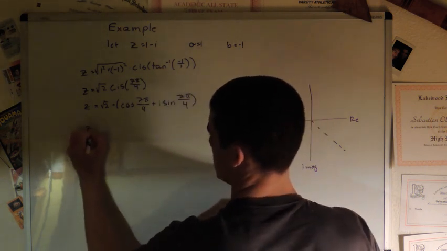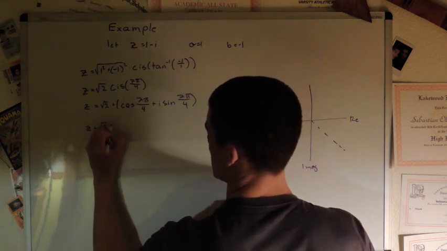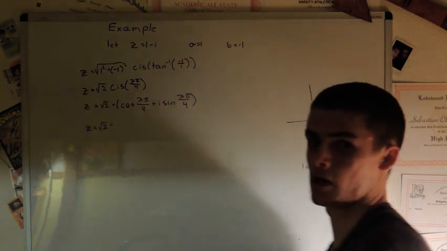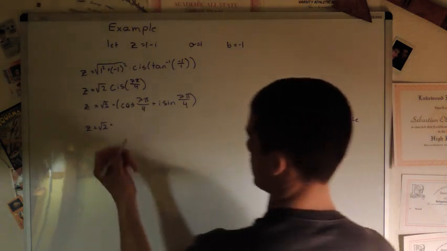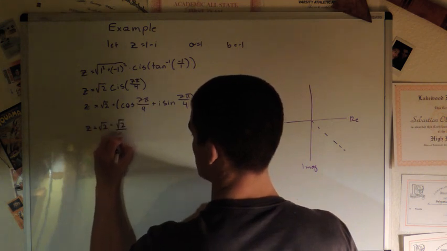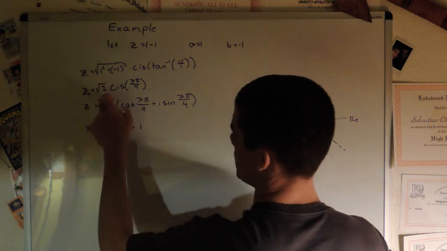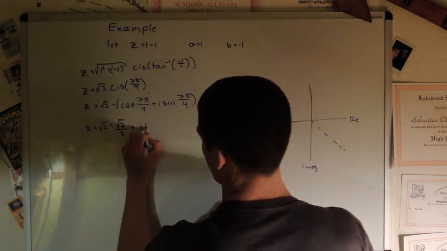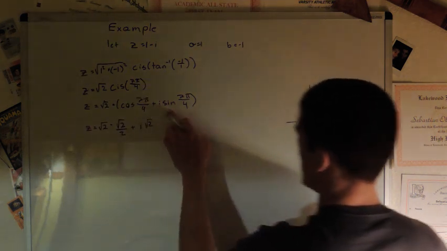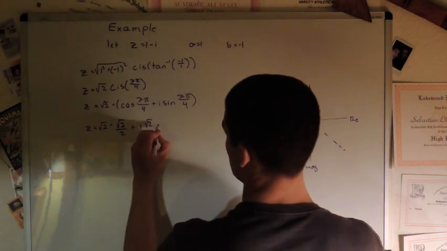The cosine of 7 pi over 4 is the square root of 2 over 2, and the sine of 7 pi over 4 is negative root 2 over 2.